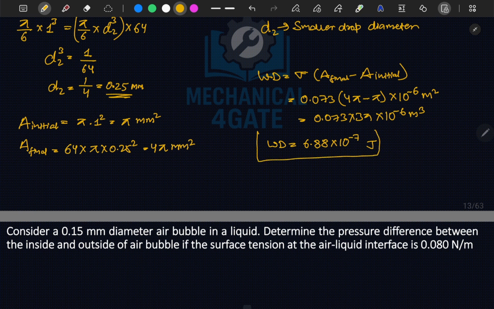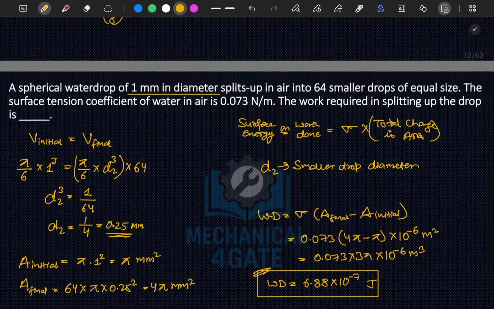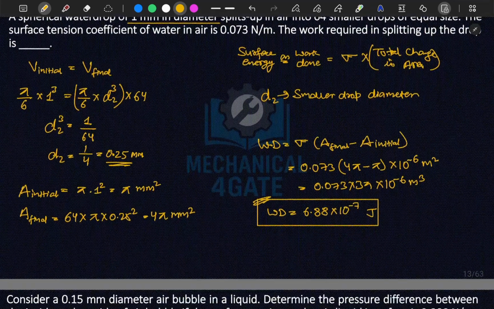This is the work done to break the liquid droplet of 1 mm diameter into 64 pieces. Now moving to the next question.